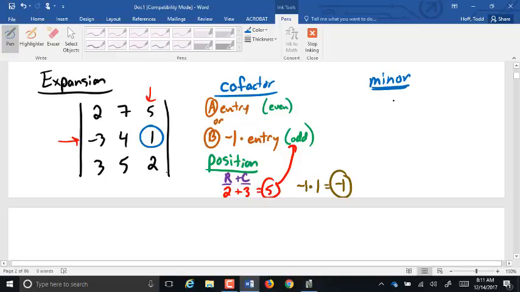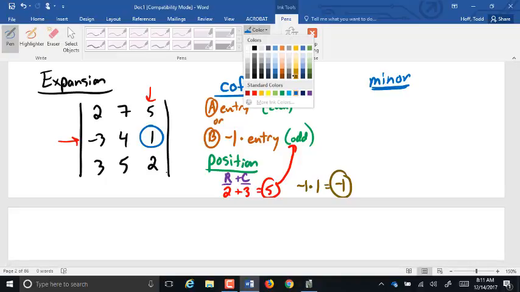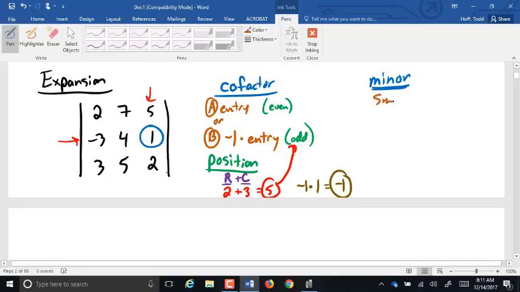Every entry also has a minor. The minor is a smaller matrix. It is found by removing a row and a column. What does that mean?